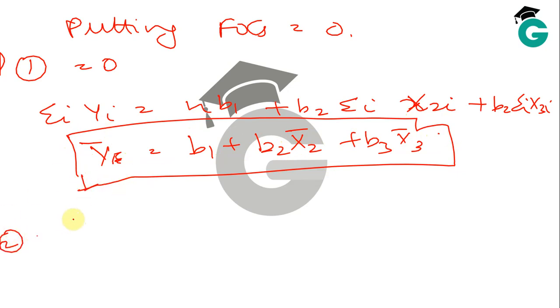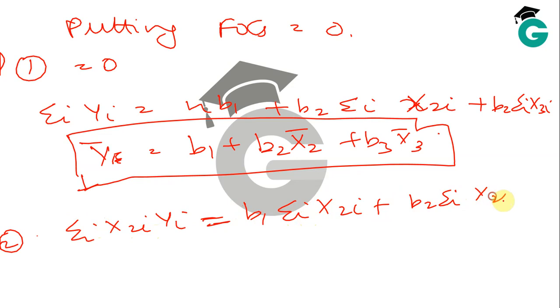Now equation 2 is nothing but summation i x2i yi equals b1 summation i x2i plus b2 summation i x2i squared plus b3 summation i x2i x3i, right?